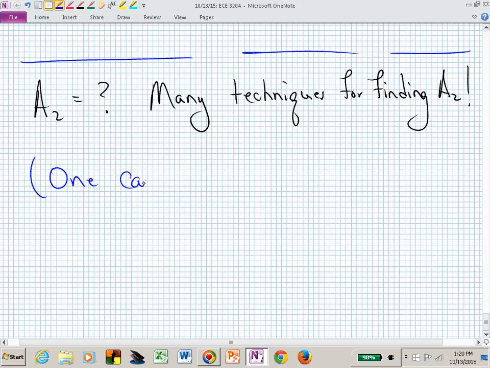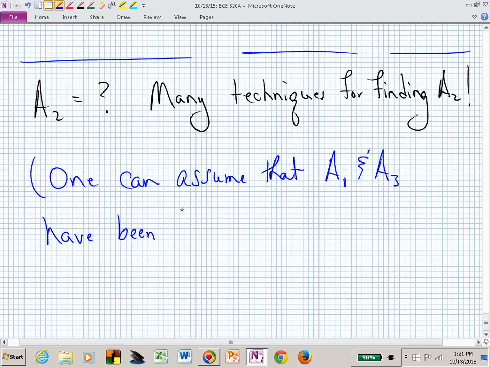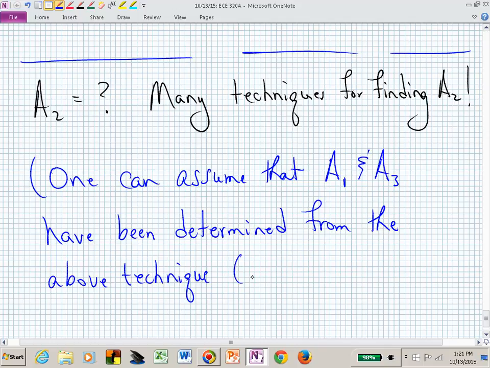One can assume, because we didn't have to know A sub 2 to find these other coefficients, that A sub 1 and A sub 3 have been determined from the above technique, which was case 1.